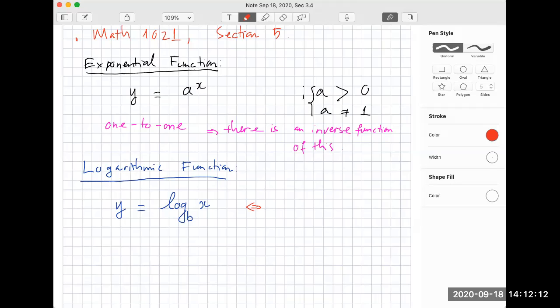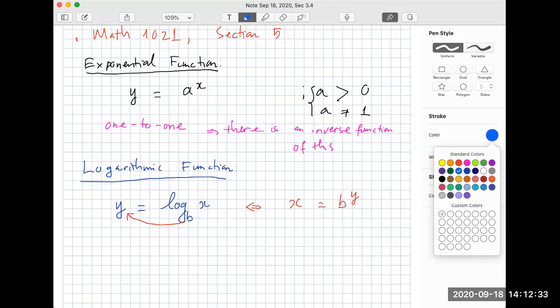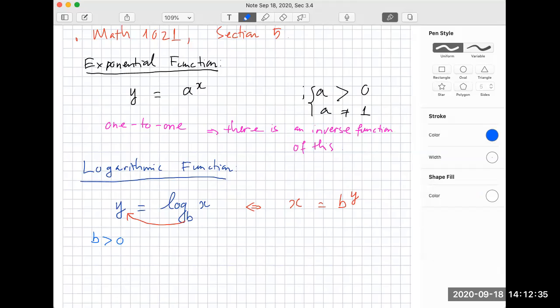So this is the base, the base raised to the power of this value, which is equal to x. And we also care about the base where b is positive and b is different from 1. These are the numbers we care about.